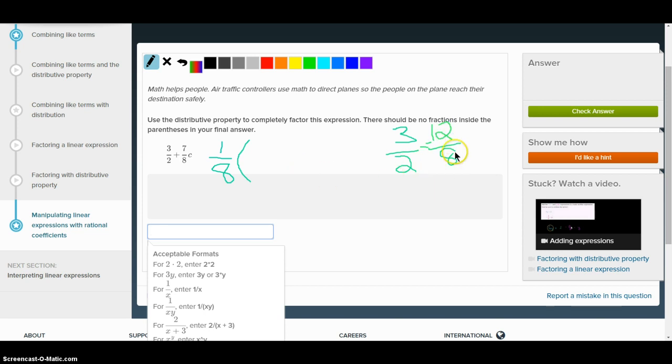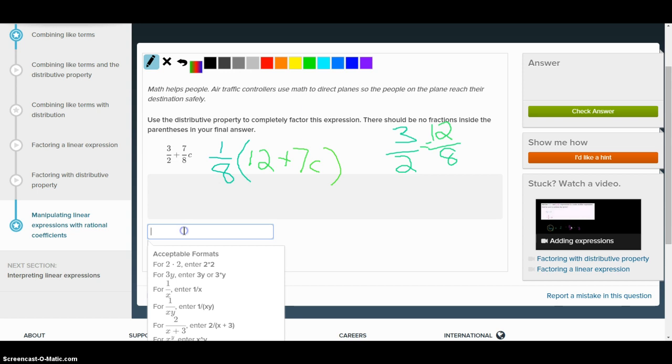Okay, so if we factor out 1/8 from this and put it on the outside, then this little portion over here, we're going to be left with a 12 on the first part. And the second part's a little easier. We take out the 1/8, and we're just going to be left with 7c.